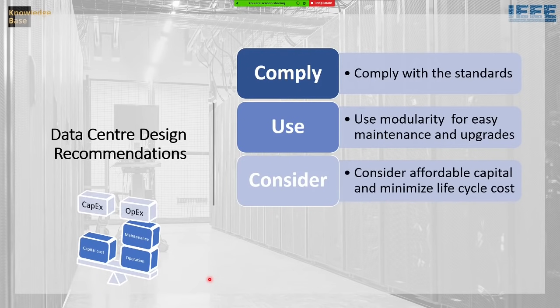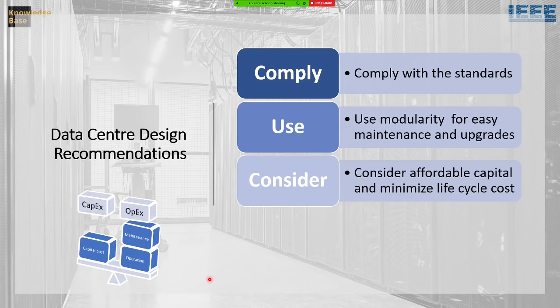an affordable capital and minimize the life cycle cost of your data center. Because when you want to buy a car, let's say, you think how much is the fuel consumption of the car. If you're buying an electrical car, you are willing to pay more, but then you save a lot on your operation cost.